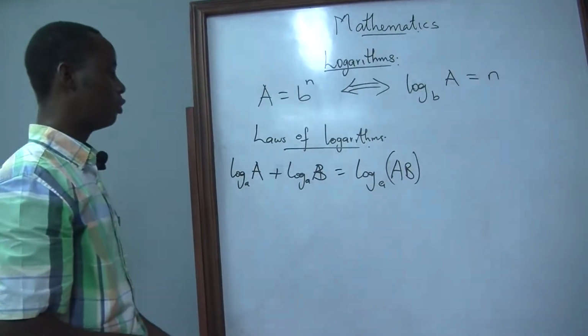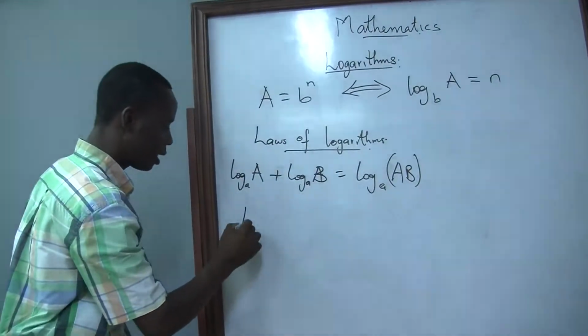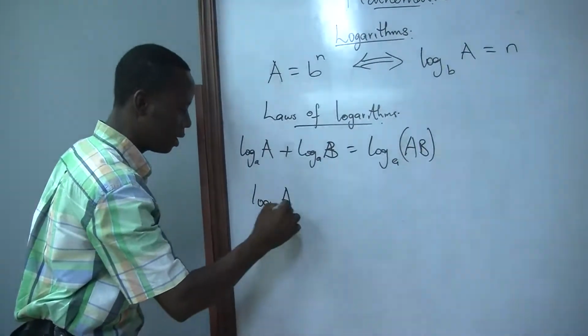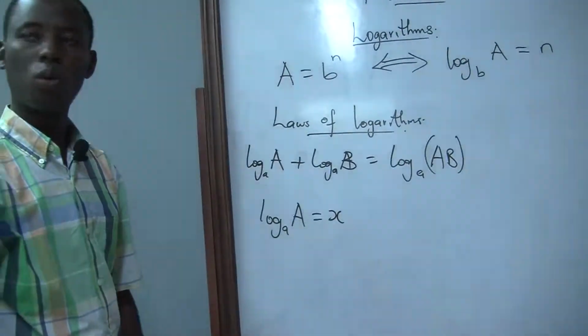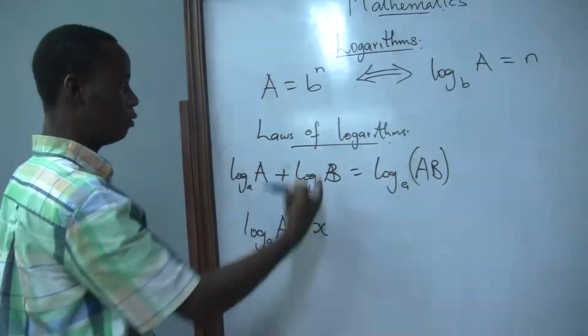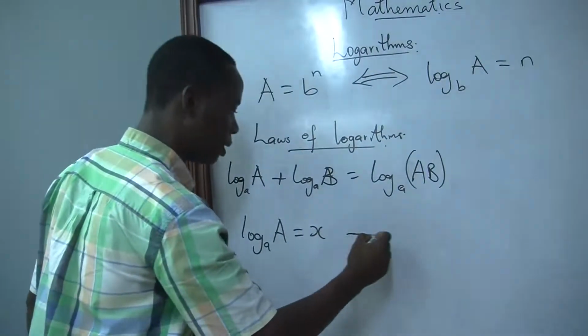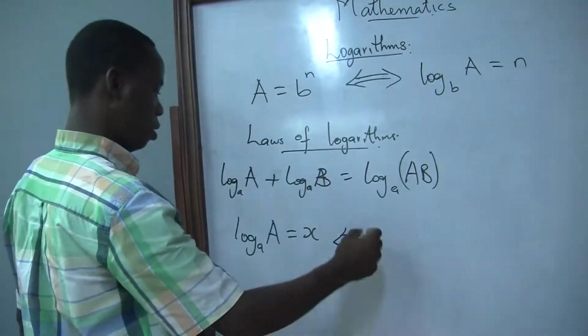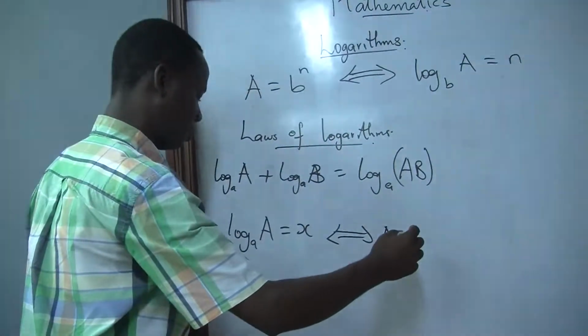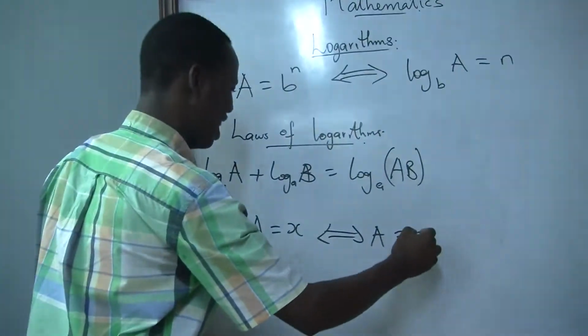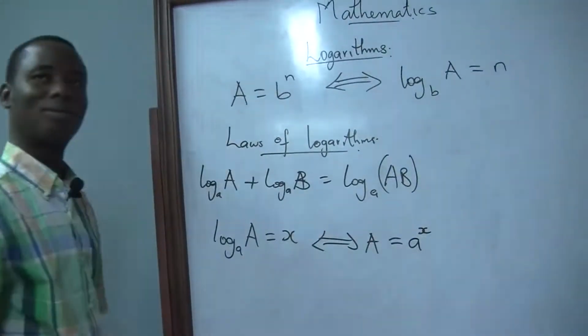If we have this relationship always, that tells me that if I have log of a in base a equals x, which if I want to refer back to the other side of the relationship, that will give me a equals a raised to the power of x.